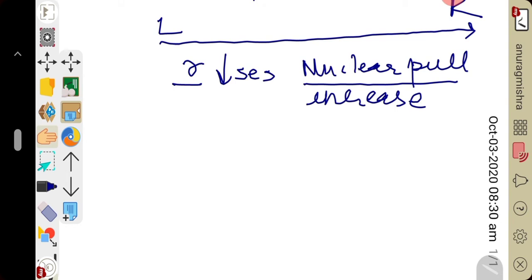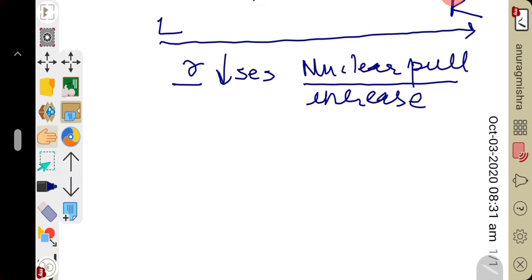As the number of protons increases, positive charge on the nucleus increases. When positive charge increases, it will attract the outermost shell very strongly. That's why atomic size decreases when we move left to right in a periodic table. I hope you people understood. Clear?